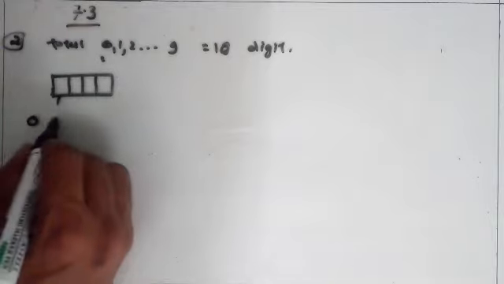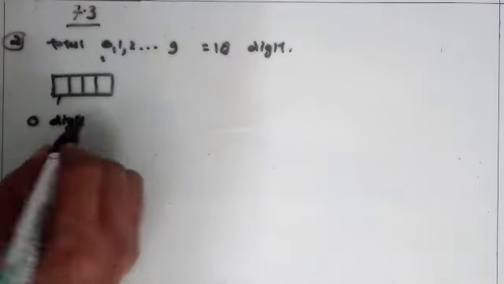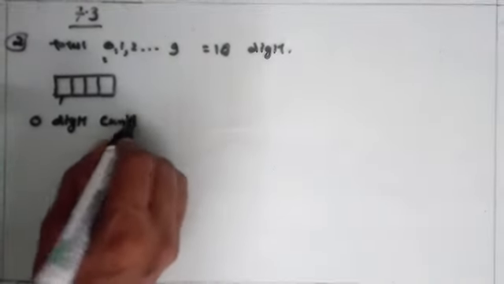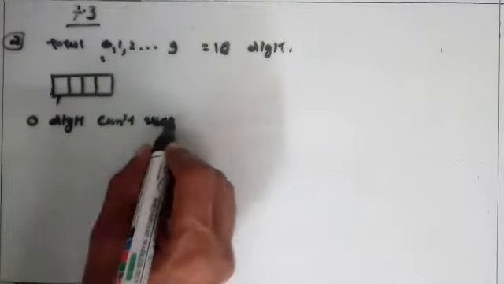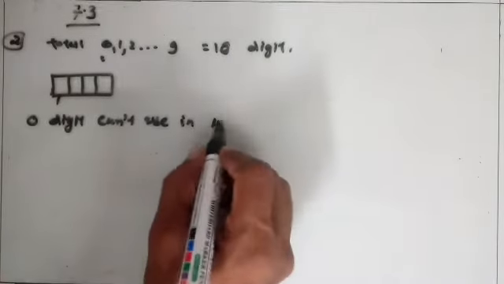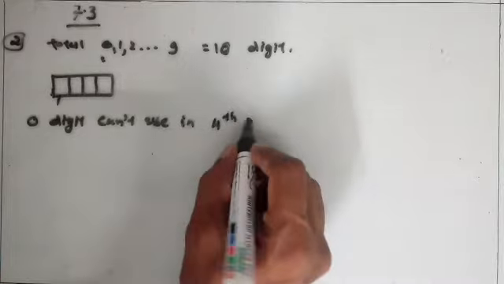So the 0 digit can't be used in the 4th place.